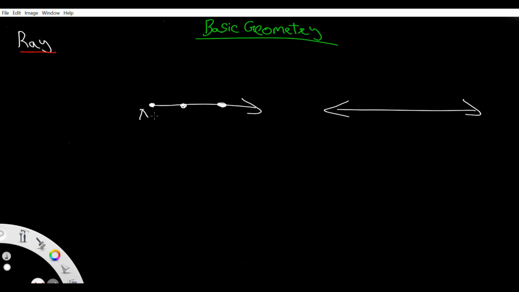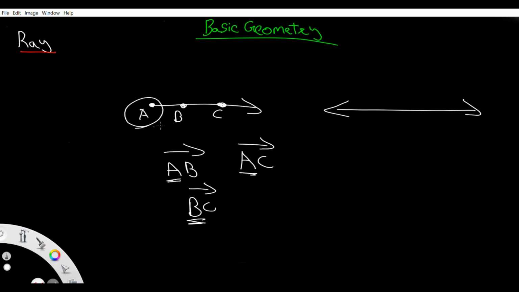We call this point A, B, and C. To name this ray, we write it like AB and we put a ray on top of it without the other arrow like in the line. And we can also call this AC. And note, we cannot call it BC because the starting letter needs to be the initial starting point. And in this ray, the initial starting point is point A. So the first letter must be A.